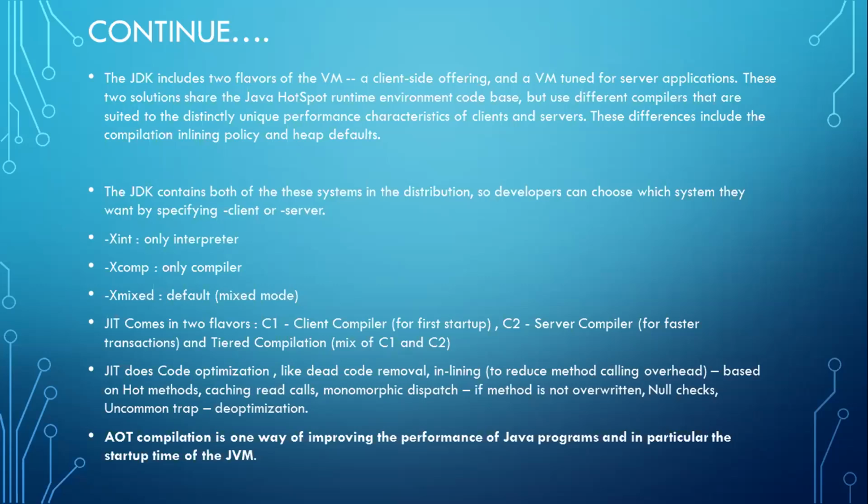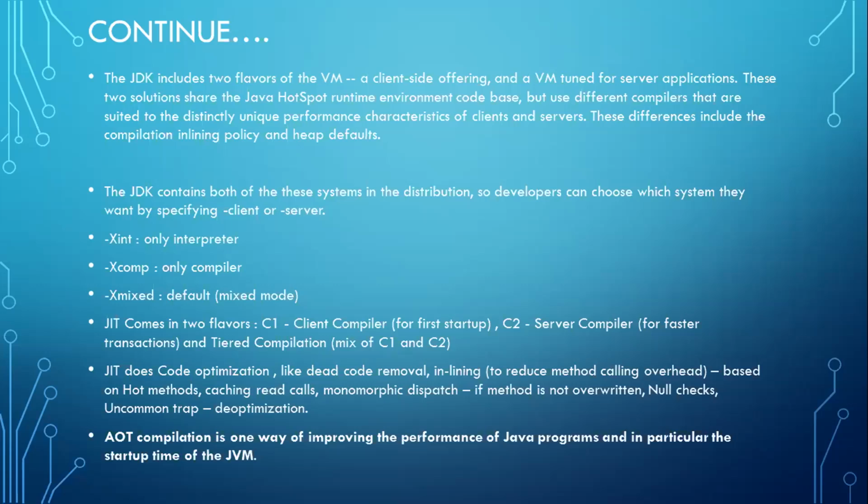We also have a concept called tiered compilation, which is a mix and match of both C1 and C2. So the current JDK version, let's say JDK 11, uses both C1 and C2. The JVM in JDK 11 is intelligent enough to use whatever is optimal for the current scenario.